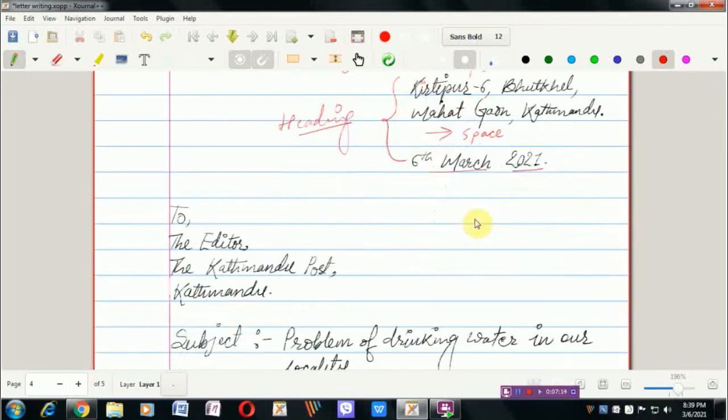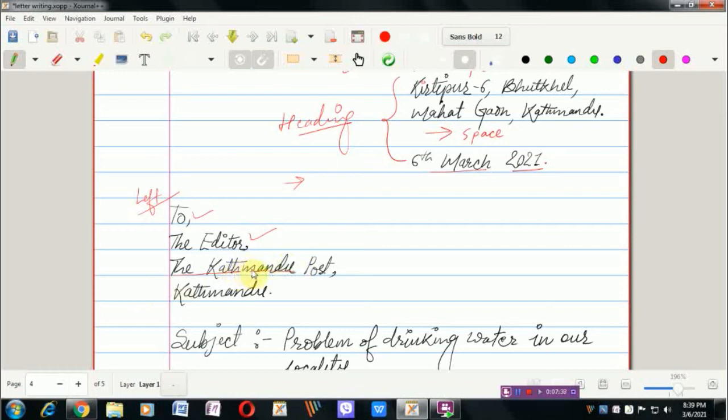After that, again leave a line space, and from the left side write "To, the Editor." The editor of which newspaper? The editor of the Kathmandu Post.